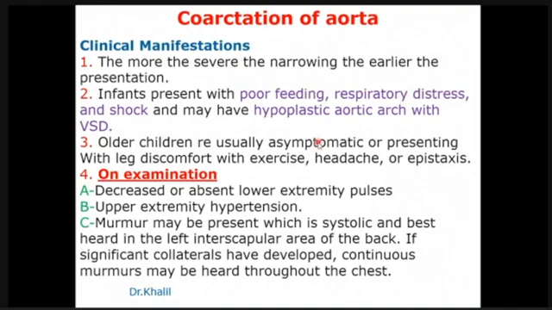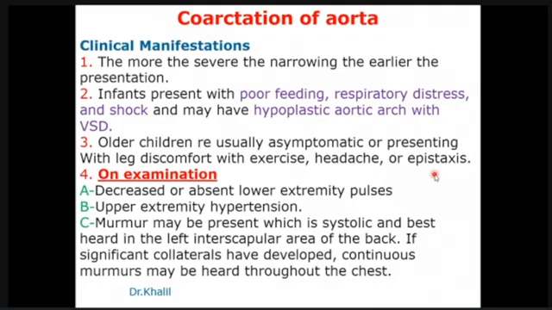Those who pass the infancy undiagnosed, I mean the older children, they usually are asymptomatic to start with, and present later on with leg discomfort during exercise. Why? Because the blood flow to the lower limbs is decreased due to the constriction, and they develop headache and epistaxis due to hypertension, because there is constriction at the descending aorta.